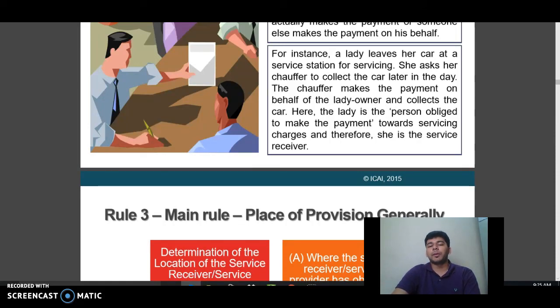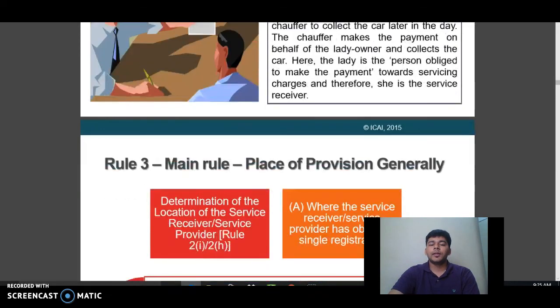The chauffeur makes the payment on behalf of the lady owner and collects the car. Here, now tell me, who is going to be the service recipient? A lady leaves her car, means she is the one who wanted to get the servicing done, so she is precisely the recipient of service. The driver or the chauffeur who is going to pay on her behalf is not a service recipient.